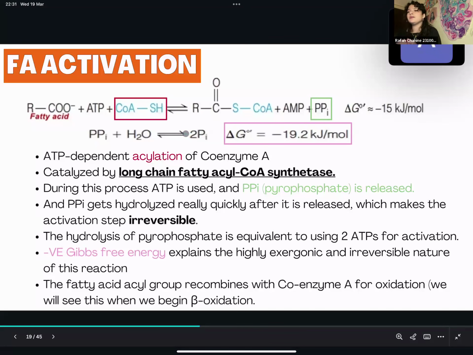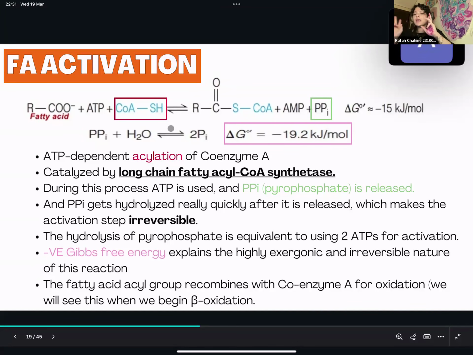Now, you're probably going to tell me, no, Rafah, I think you're actually wrong. It's not irreversible because there's a reverse sign over here, which I fully understand. But technically speaking, on a cellular level, this is not valid. Okay, because on a cellular level, the amount of energy that it used and expended is too much to actually get back. So the reversal of this entire reaction will take too much energy to actually go back.